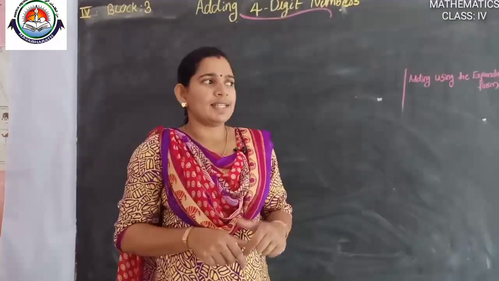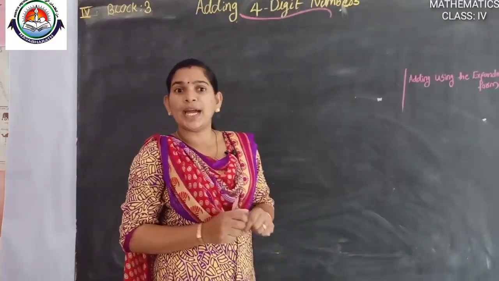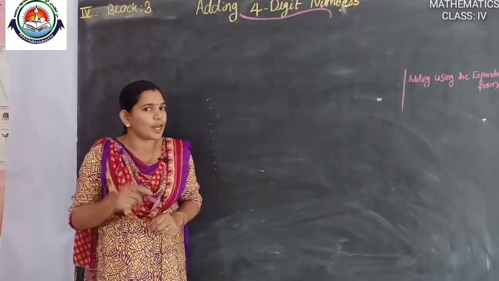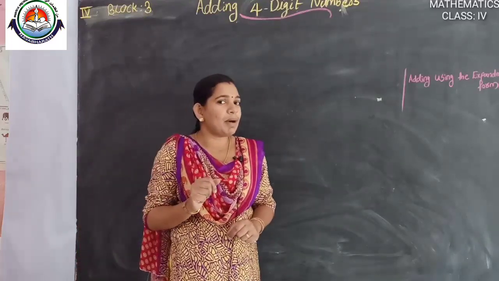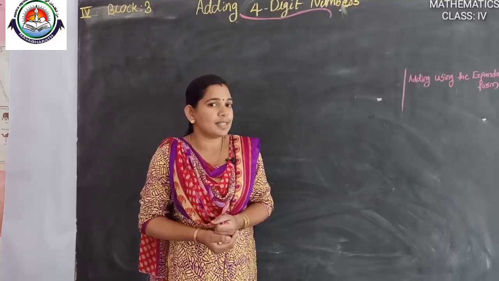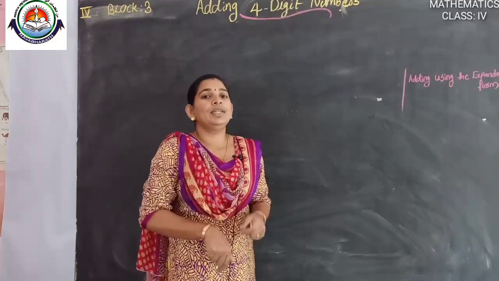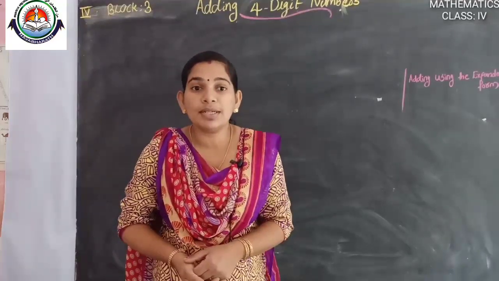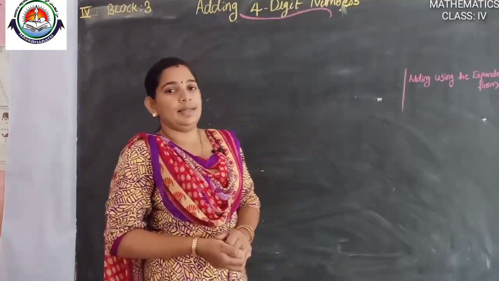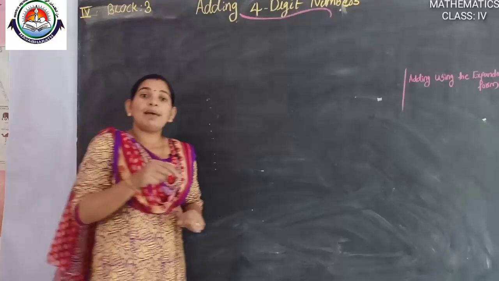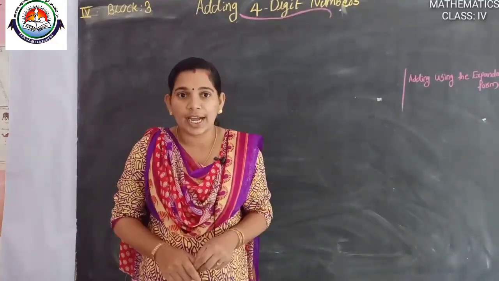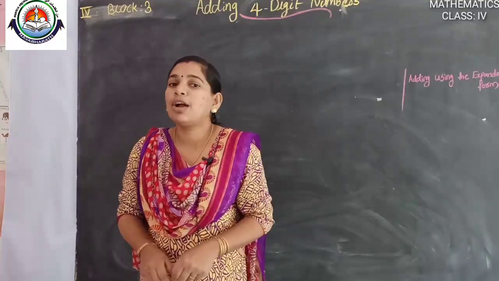In previous classes, you studied how to add numbers using an abacus. Do you remember how we add numbers using an abacus? Today we are discussing how to add numbers using an abacus. In using an abacus, one name is the column method addition. Addition using column method.